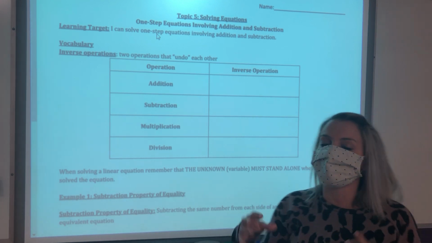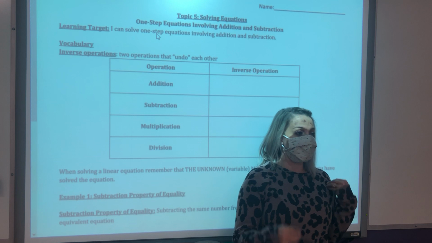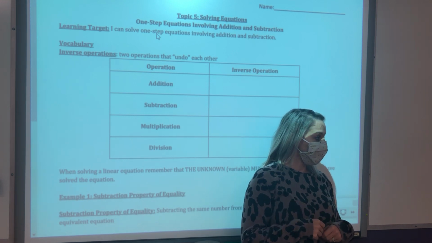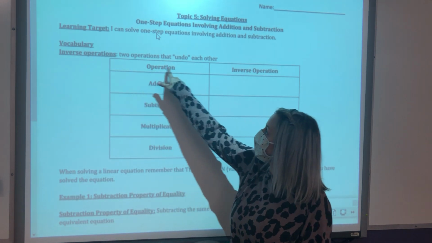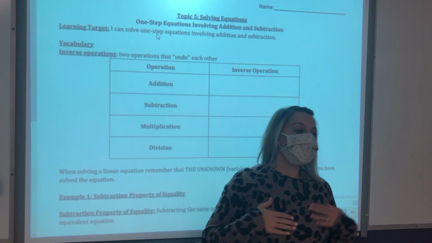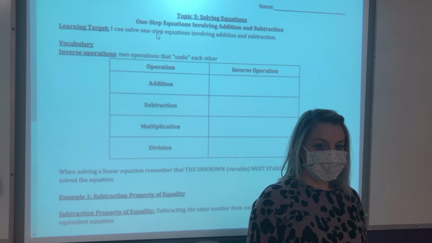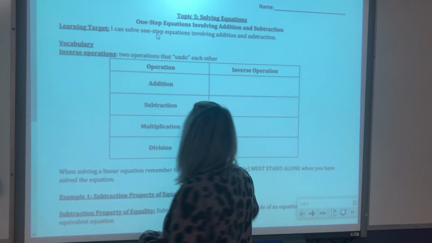Our most important vocabulary term for solving equations is inverse operations. Inverse operations are two operations that undo each other. So, what is the inverse of addition? Subtraction. Very good.